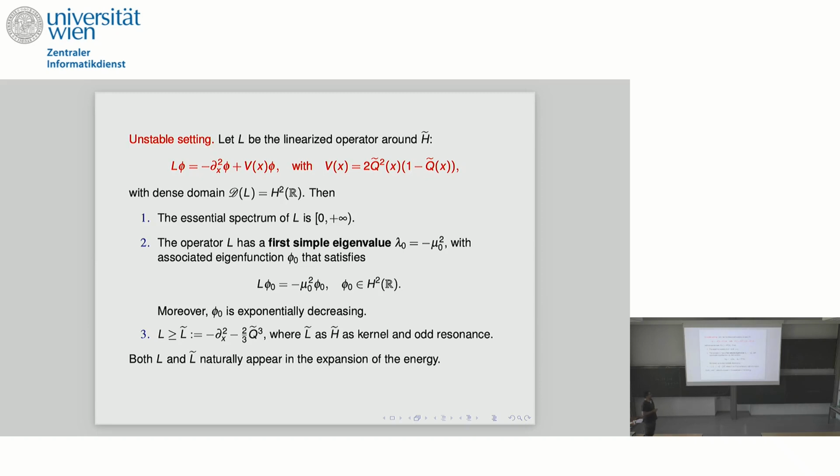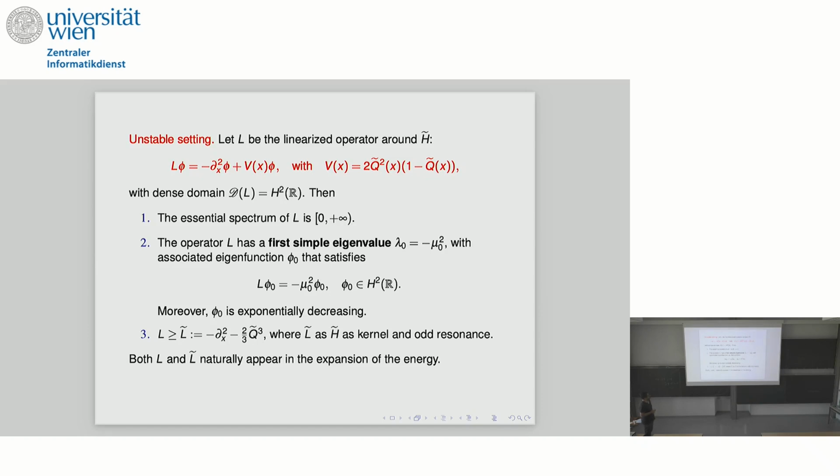So you have an essential spectrum starting from 0, but you have a negative eigenvalue, lambda 0, written as minus mu 0 squared. One nice thing of this eigenvalue is that the eigenfunction is exponentially decreasing. You say, okay, thank you for the gift. Yeah, everything is polynomially convergent, but the eigenfunction is not, okay? It's exponentially decreasing.